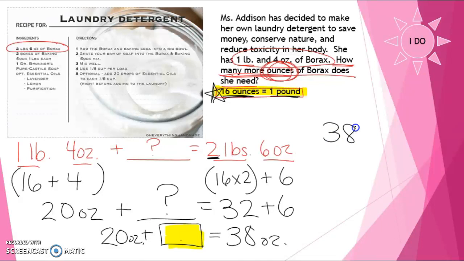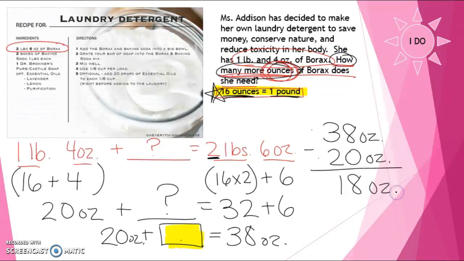So 38 ounces are what we need to make the laundry detergent. 20 ounces is what we have. If I subtract what we have from what we need, I should get how much more I'll need. Does that make sense?